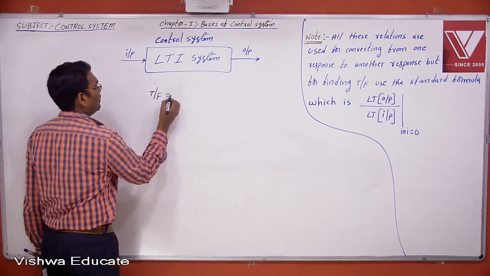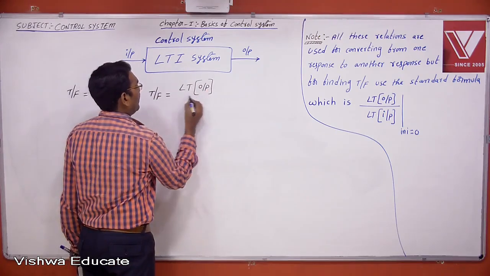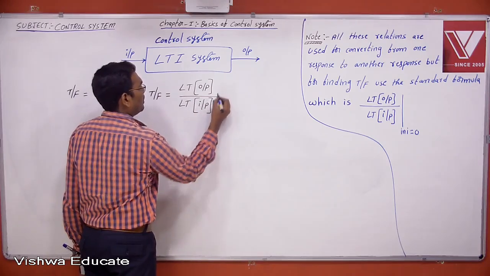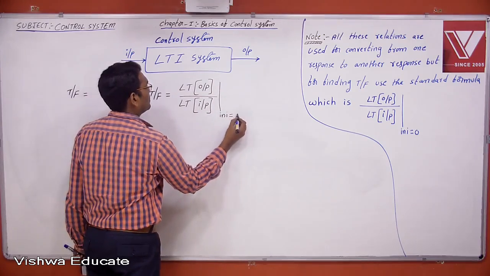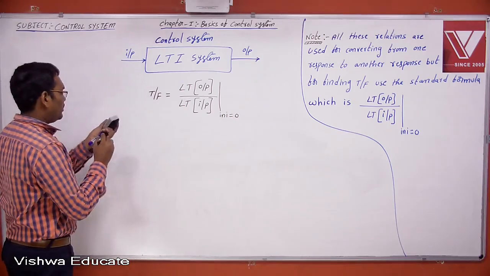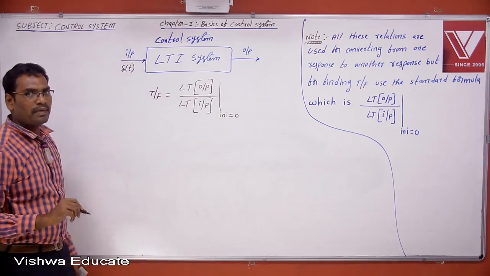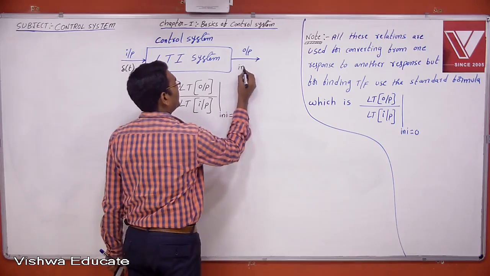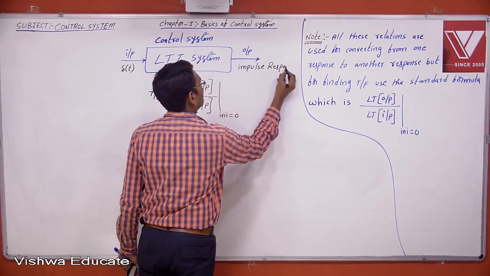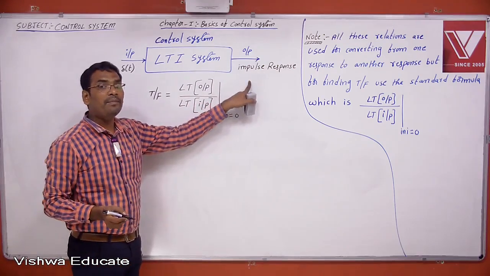The transfer function is equal to the Laplace transformation of output to the Laplace transformation of input with all initial conditions equal to 0. Now I am applying an impulse input, and this response is nothing but the impulse response.